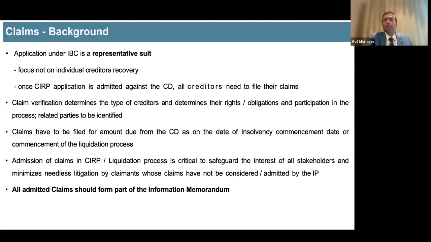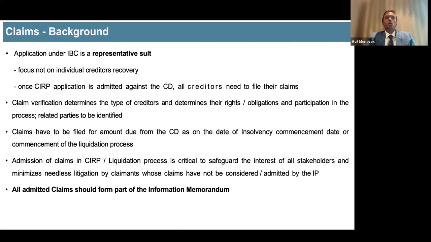So the time of the honorable NCLT is not wasted in needless litigation. I'm not saying that all litigation would be a waste of time, but there would be some litigation which would be needless and can be avoided. So if you can avoid a litigation, it is always better to avoid the litigation.